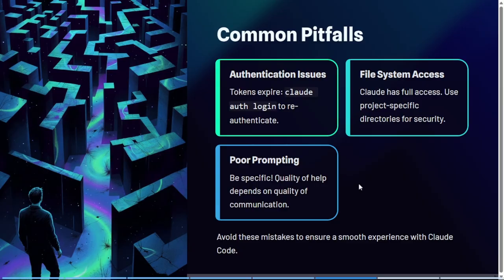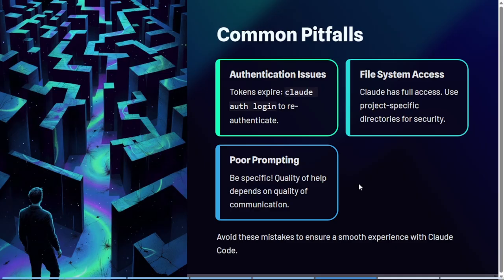All right, so let's talk about the next one. File system access security. It's just something to know, and this is a big one. Not understanding that Claude Code has full file system access. When you run Claude Code in a directory, it can read, write, and delete files in that directory.